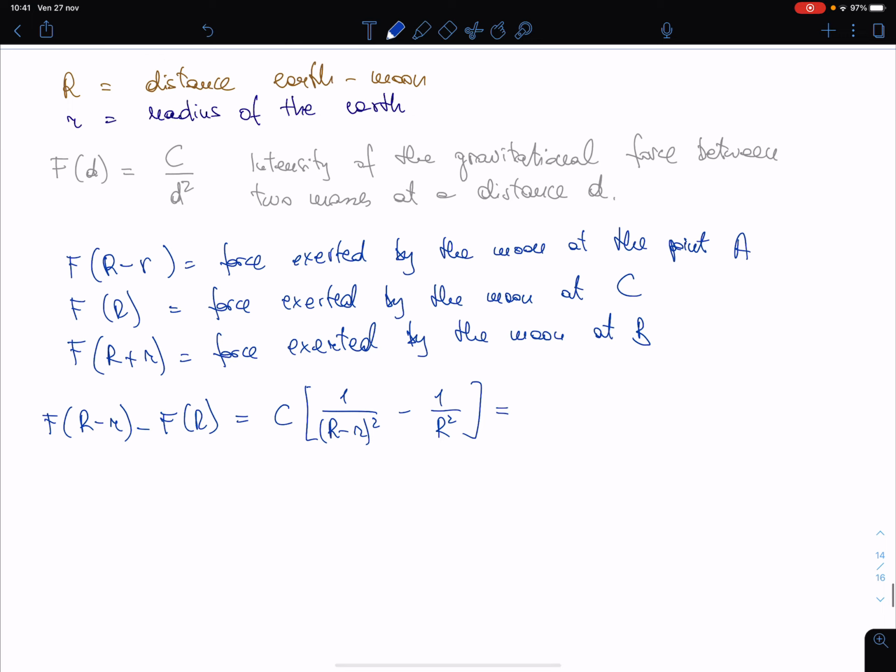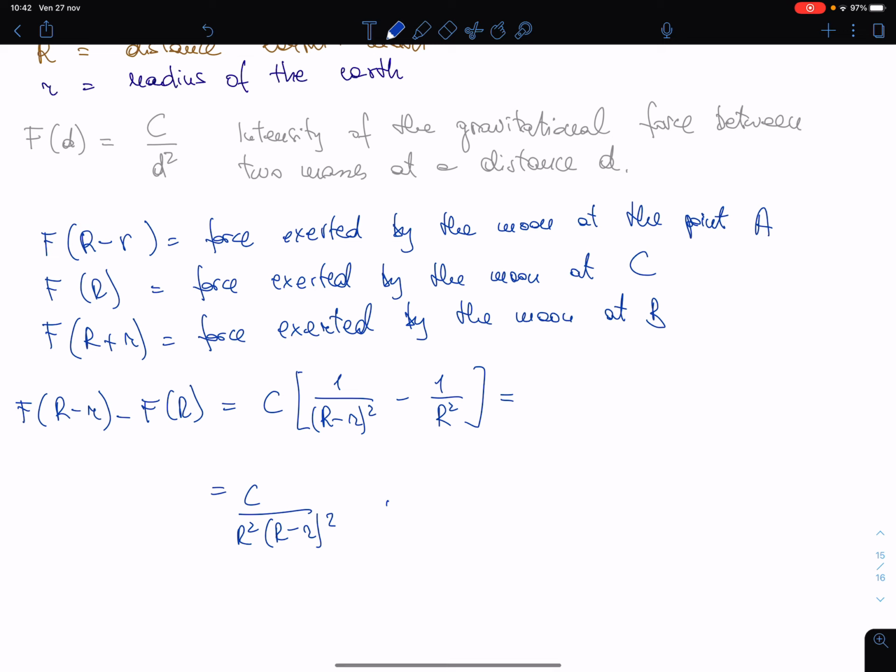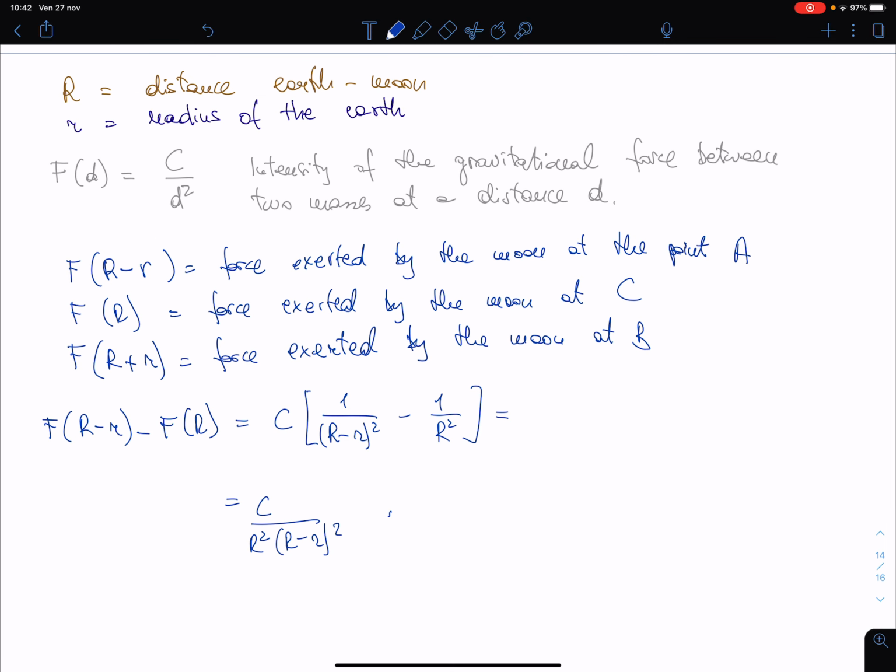And so this is just a matter of elementary algebra. So here I gather R squared divided by capital R minus small r to the second power, and then I have the difference between the two squares to compute. So R squared minus capital R minus small r squared.